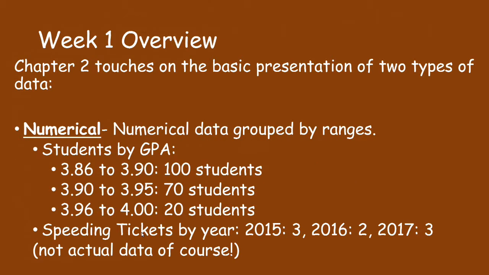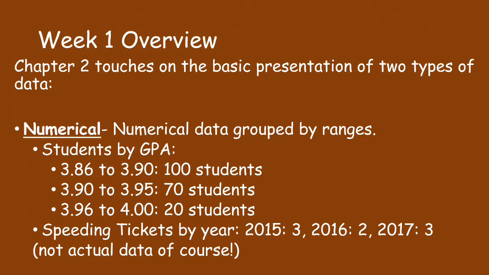Those are examples of categories of numbers. But there's a second data type, and it's numerical. Numerical data can also be grouped by ranges. So we saw numerical data can be grouped by categories, but it can be grouped by ranges as well. So for example, students by GPA. There are 100 students in this range from 3.86 to 3.90, and there's 20 students 3.96 to 4.0. That's an example of a grouping. How about speeding tickets by year?